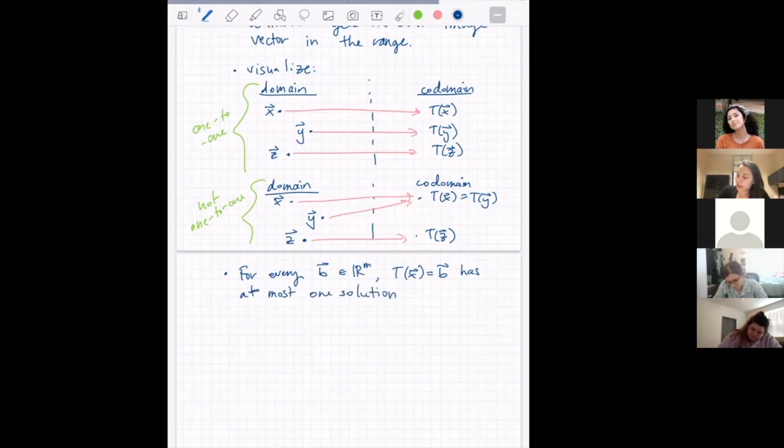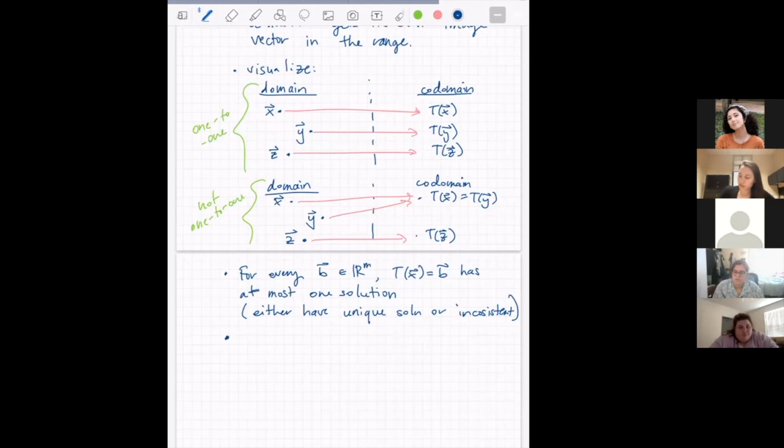So that means that you either have a unique solution or the equation is inconsistent. You have either a unique solution or no solution. Otherwise, you would get infinitely many solutions, and we can't have that.